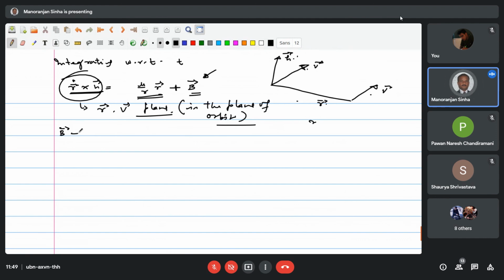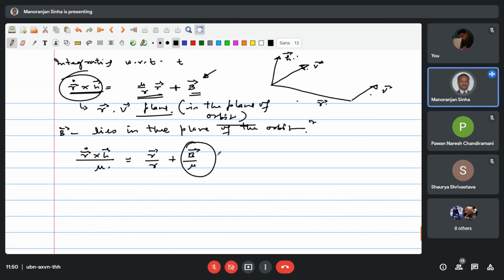So B lies in the plane of the orbit. And if we rewrite this quantity as r dot cross h divided by mu, this quantity is written as e.